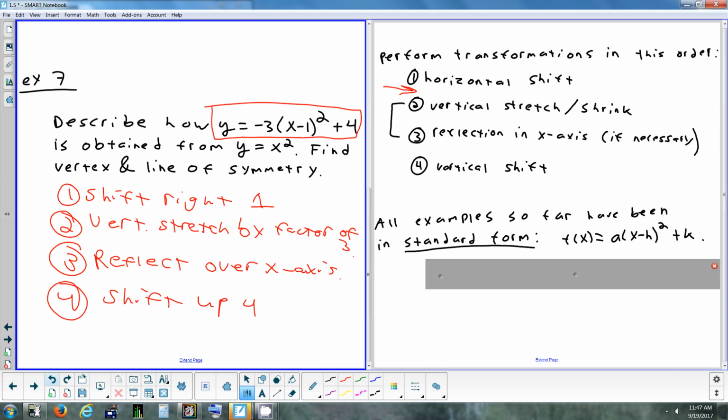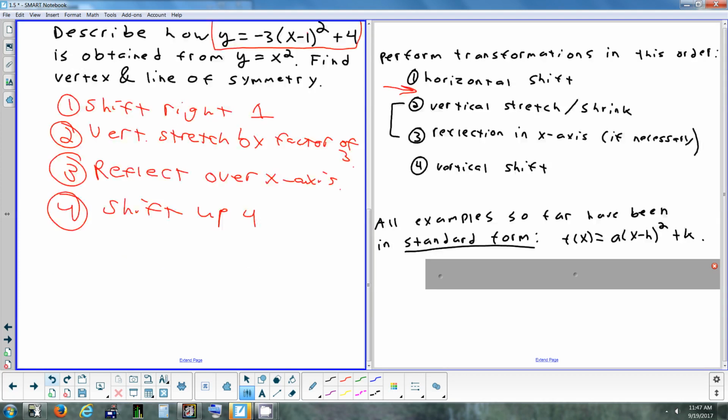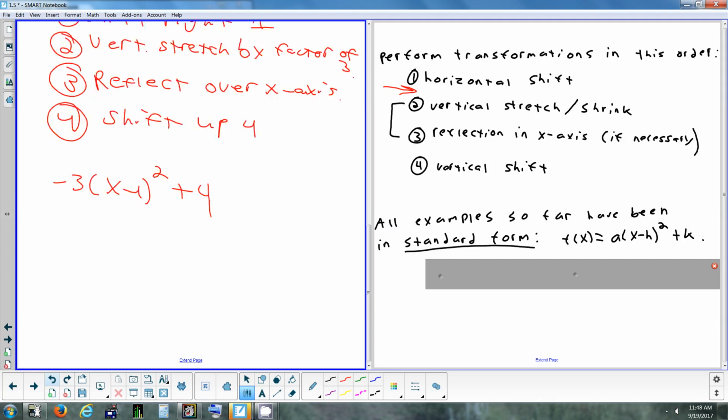All right, so all the equations we've done so far have been written in what we call standard form. Let me take the equation we just did in example 7, I think, and rewrite it in a different way by doing it out. I'm going to FOIL out x minus 1 squared.